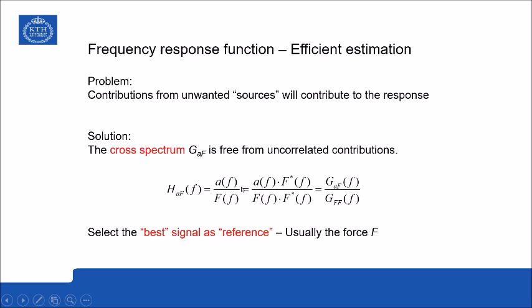So, in experimental structure dynamics, it's almost always the force signal that is the best possible choice here. And you can treat this as if it were clean from unwanted components. So this is the optimum frequency response function estimator in experimental structure dynamics.